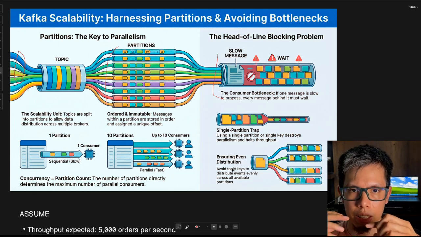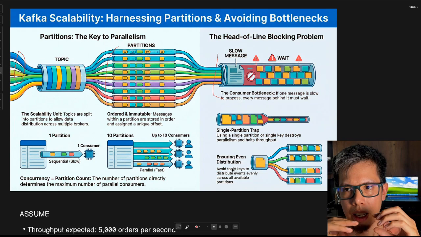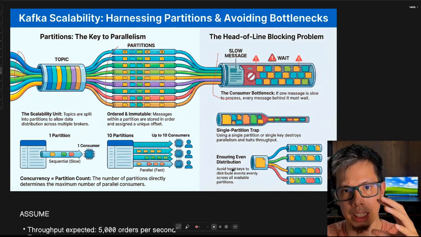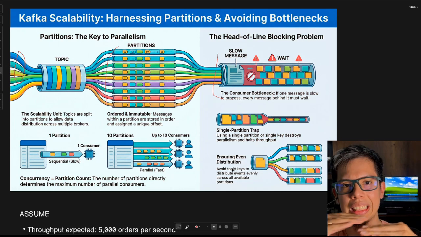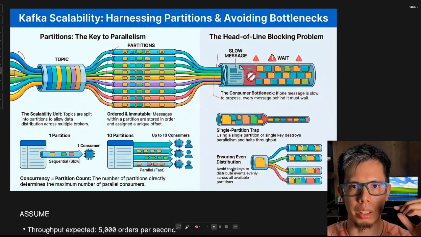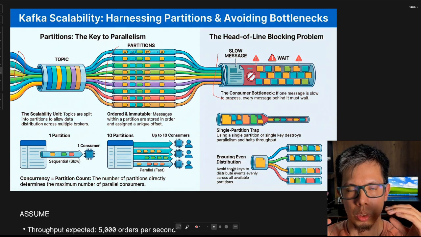And in that case, we generate other problems. For example, if you have a list of topics that are assigned a single key, in this case user ID, they will be stored in a single partition. And take note that we are talking about a partition, so it will be consumed in order.